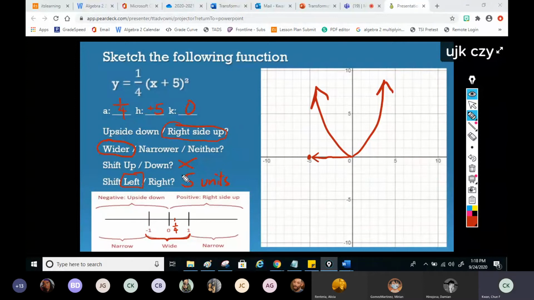There's no shifting it up and down, so it just stays right here. And then the graph is right side up and is slightly wider. So make it a little bit wider, something like that.